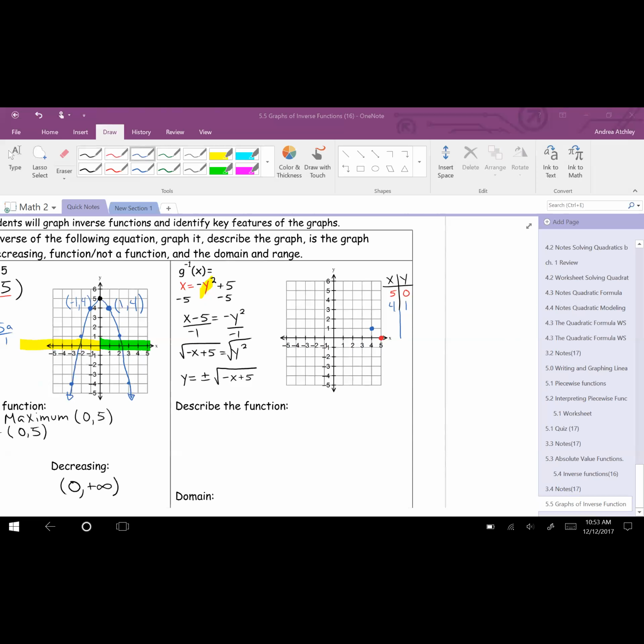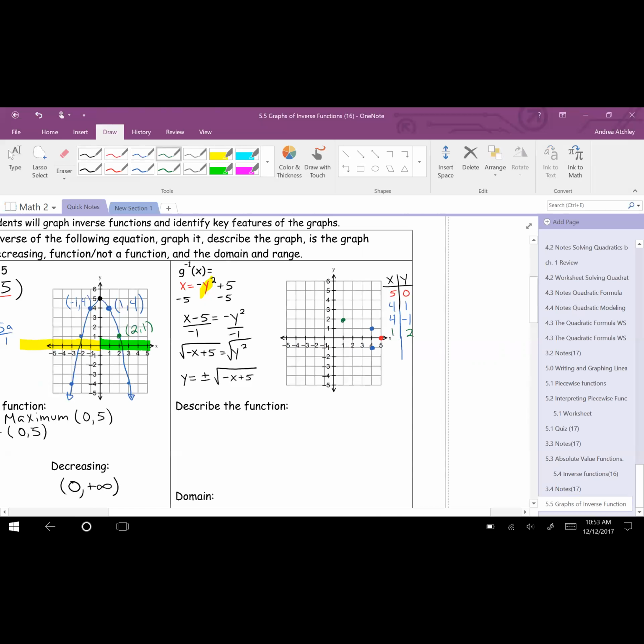So I'm going to graph the inverse of that point, which is 4 and -1. Then I'm going to graph this point of 2 and 1. My inverse will be 1 and 2.